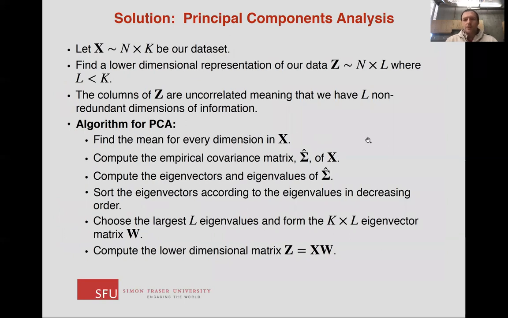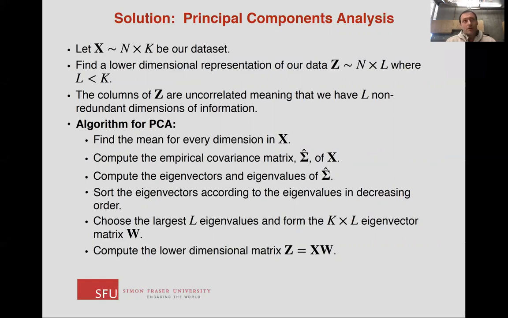So one solution for this is principal components analysis. Again, X will be our matrix. It's n by k. And we'd like to find a lower dimensional representation of our data. We'll call that Z. And we'd like that to be n by L, where L is less than k. So in the mice example, k is 77. What if we can find an L that's 10, right? That might be much easier to work with, much easier to visualize.